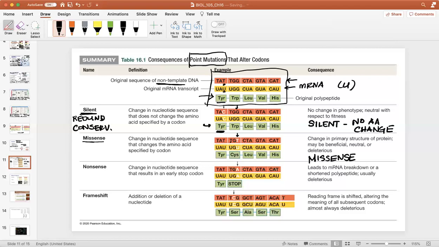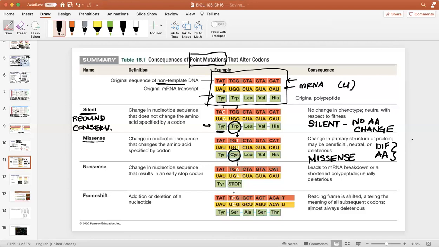If you look this up on our chart, TGT gets transcribed into UGU, which goes from being TRP, tryptophan, to a CYS, which is cysteine. This is a different amino acid. A missense mutation codes for a different amino acid. Now, the effects of a missense mutation are unclear.